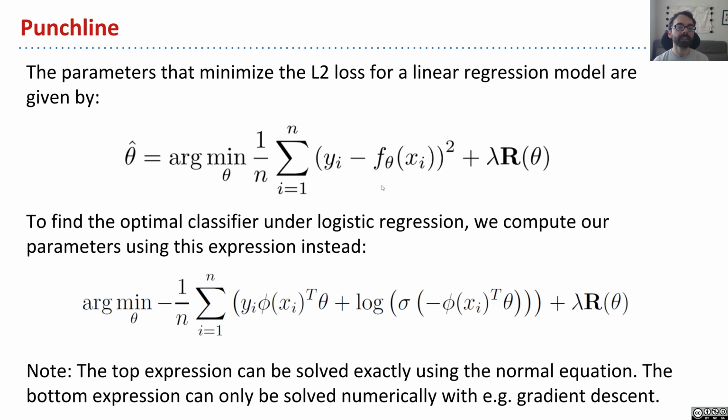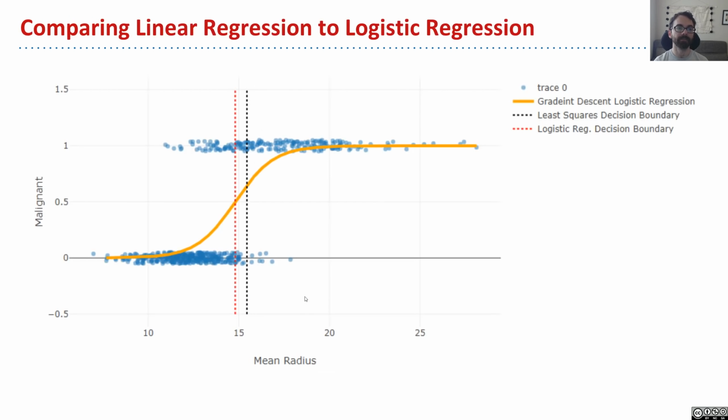And in logistic regression, when we want to build a classifier, we use this expression at the bottom instead. So ultimately everything in that lecture boils down to this: for regression, we use this expression, and for logistic regression, we use this expression. As a side note, the top expression can be solved using the normal equation, but for the bottom one, we have to use a numerical method.